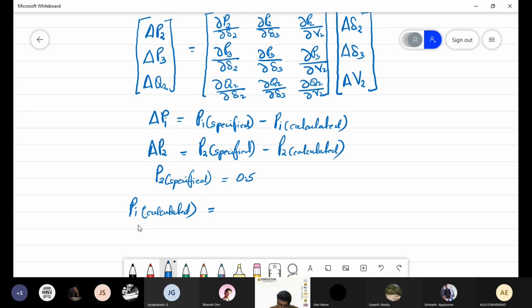Pi calculated is equal to sigma j is equal to 1 to n of Vi Vj Yij cos of theta ij plus del j minus del i.